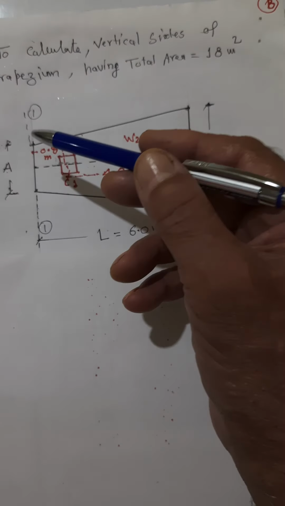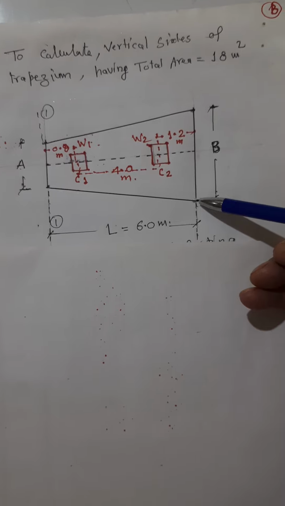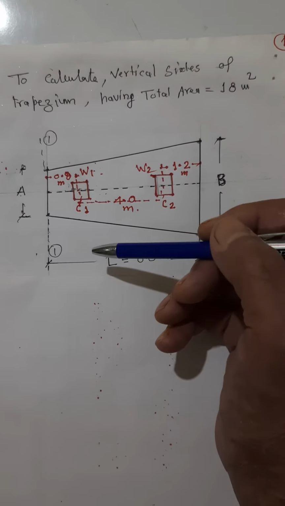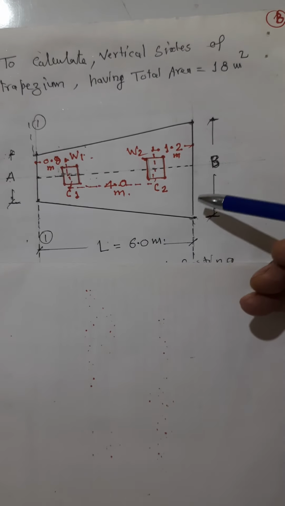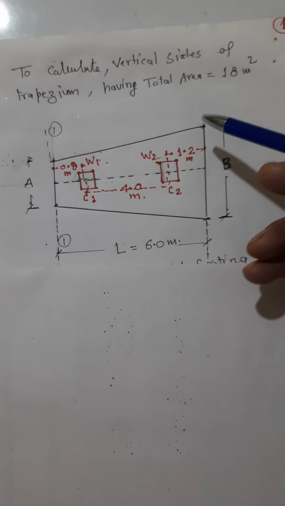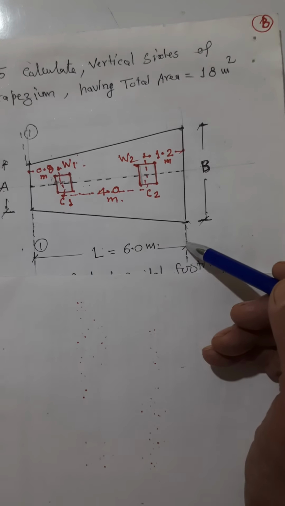Now, these parallel edges are undefined, yet to be calculated. So we will have to calculate these two perpendicular distances, at this edge as well as this edge, because this length is known.